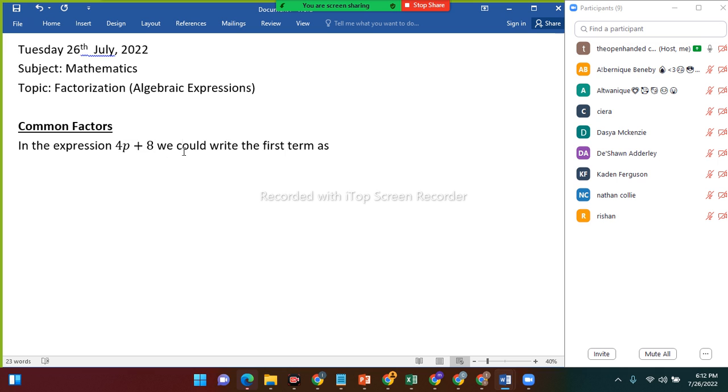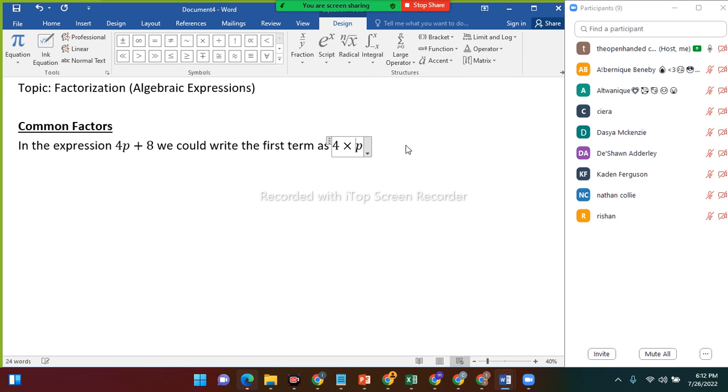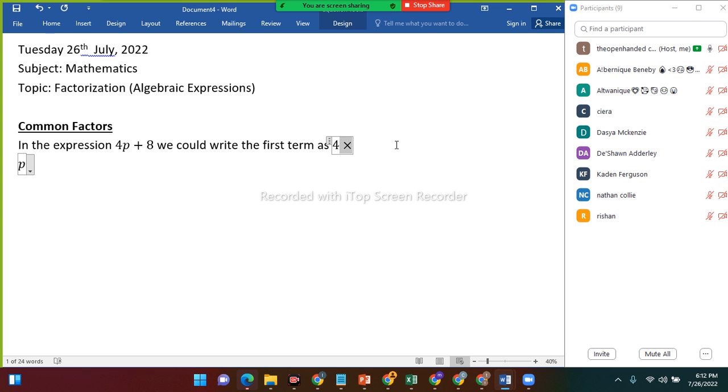So in the expression 4p plus 8, we could write the first term as 4 times p, because that's essentially what it is. So we write the first term as 4 times p, with a multiplication sign, and the second term as 8.